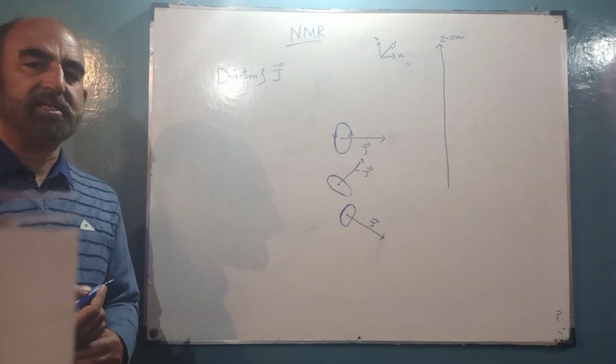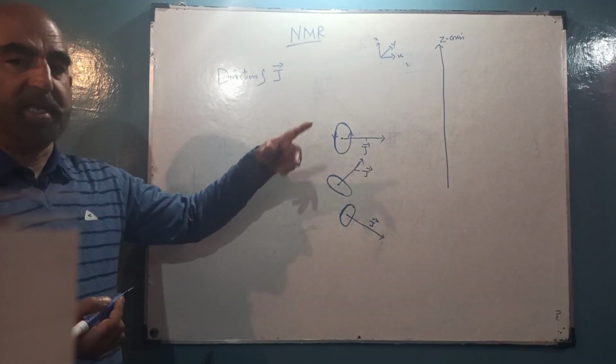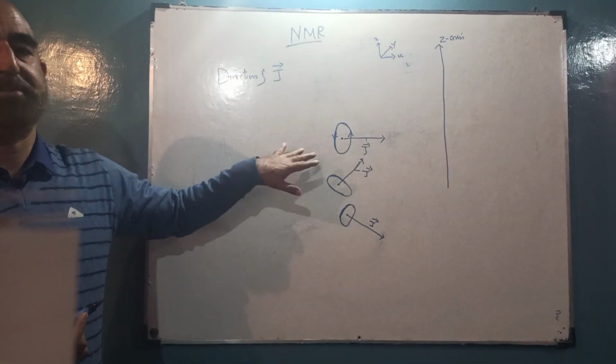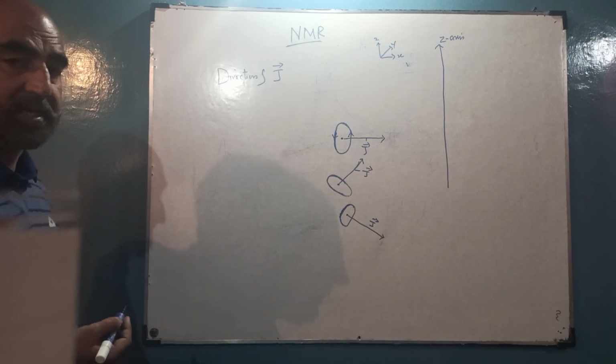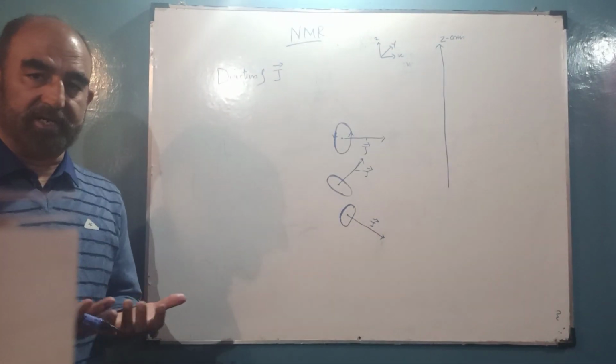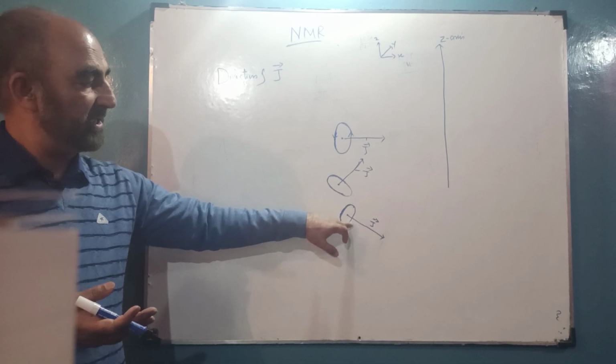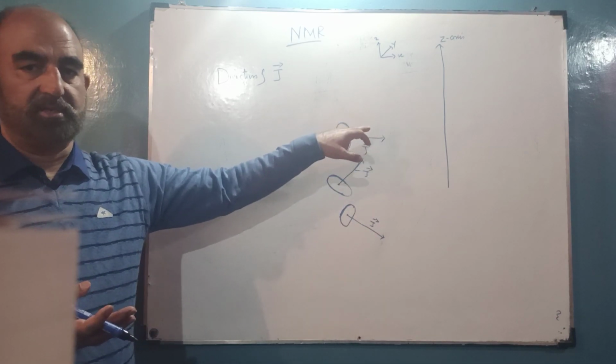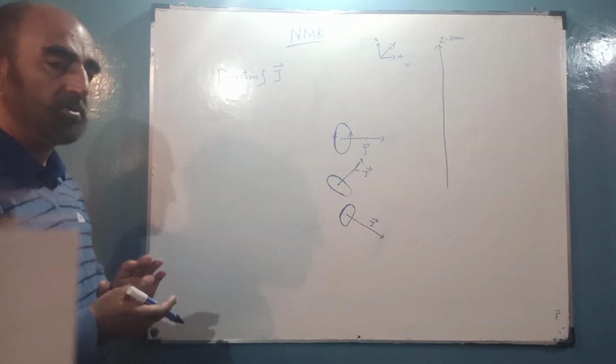For classical particles, it's possible that the particle can have rotation in any plane. But in case of quantum particles, they cannot have all orientations. That means the angular momentum cannot have all directions. The direction of the angular momentum is quantized.